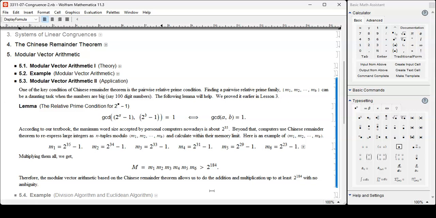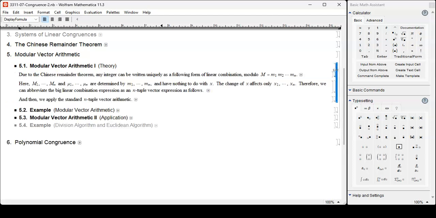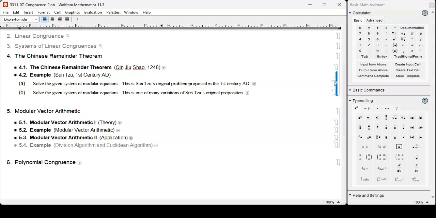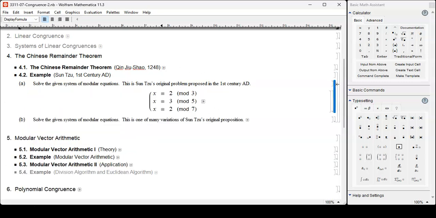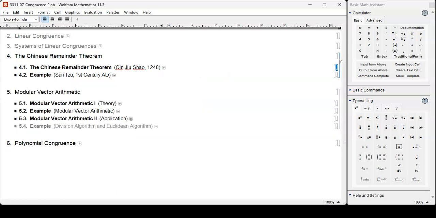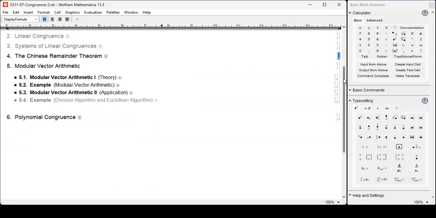And the theoretical background, the tool for that computational theory is the Chinese remainder theorem, which was proposed in the 1st century or maybe even BC. According to the written record, first proposed at least in the 1st century AD, and the proof appeared at least in the 13th century, but quite probably it was around before that.